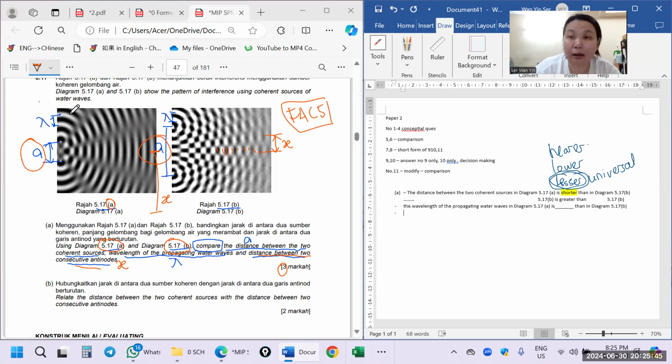Okay, now I already drew it up for you. So this is the lambda. This is the wavelength.